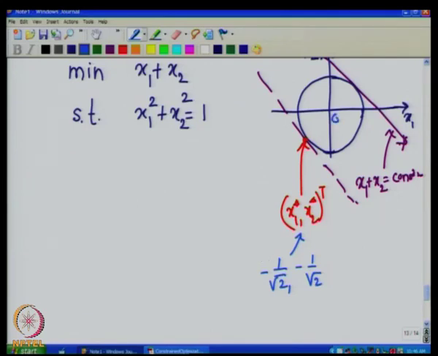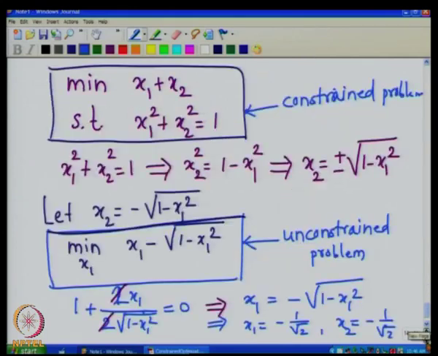Remember that this is our origin, and so the minimum lies in the third quadrant, and this is our minimum. So, we used the value of x2 to be minus root of 1 minus x1 square to write it as an unconstrained optimization problem and then solve it.